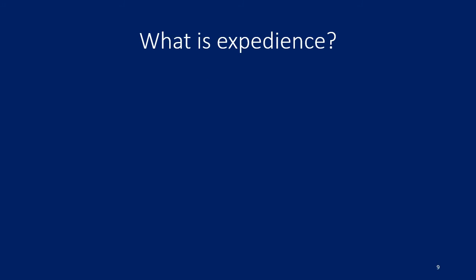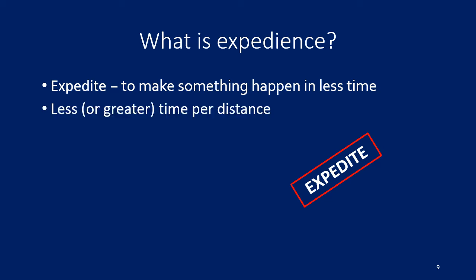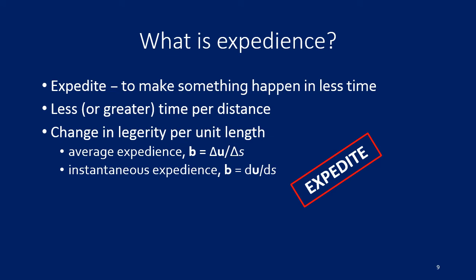We're going to use the word expedience here. What is expedience? Well, we know that to expedite means to make something happen in less time. So if an order is stamped expedite, that means it should take place in a smaller amount of time. So expedience then we'll define as less or greater amount of time per distance. So it's the change in legerity per unit of length.